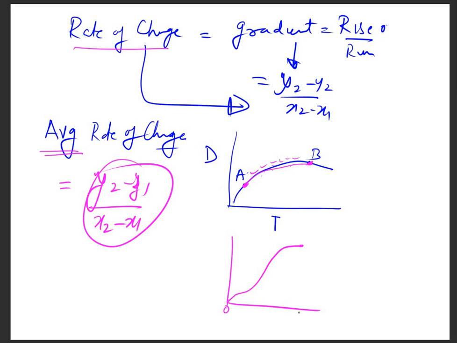And this was time t equals 0, and this was the time, let us say it was 50 minutes. And let's say the distance was 2 kilometers or 2000 meters.